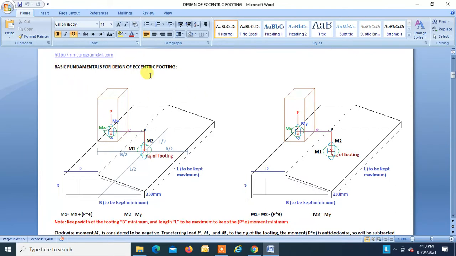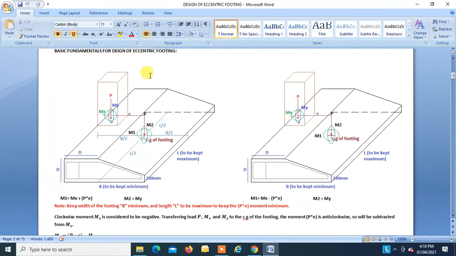Basic fundamentals for design of eccentric footing. In case of eccentric footing, these are the loads at the base of the column which have to be transferred to the CG of the footing. Please remember, in this case, the CG of column and CG of footing are in the same line along the y-axis; this is the y-axis, this is the x-axis.